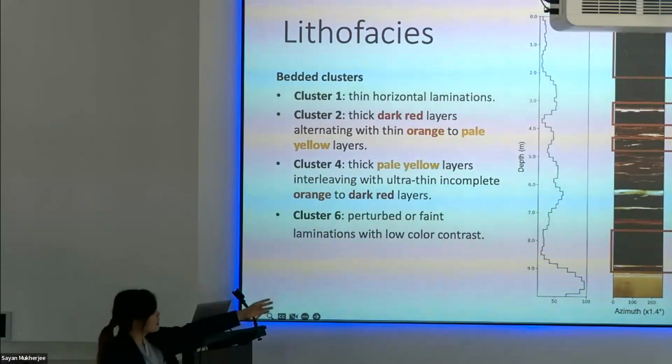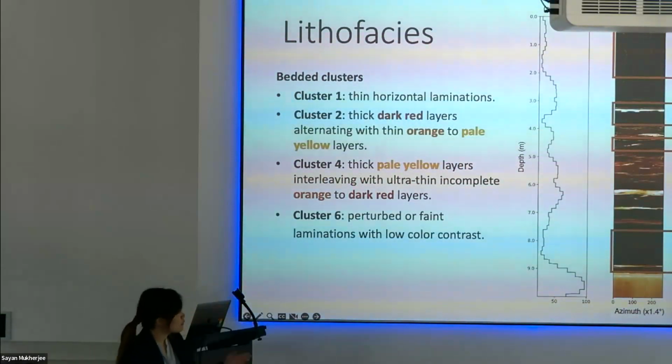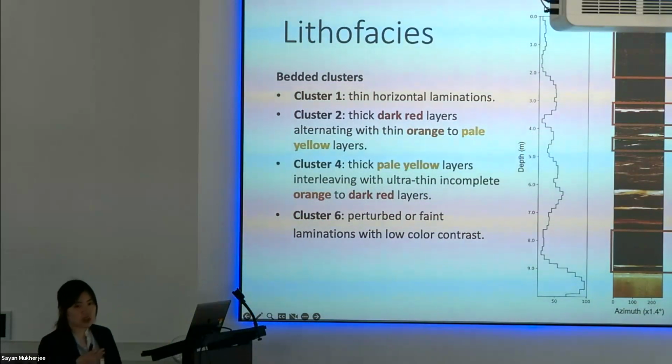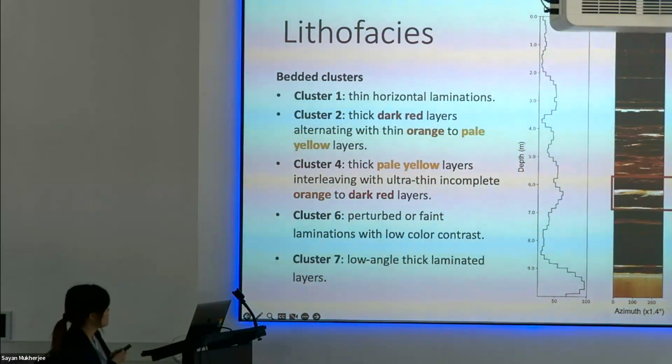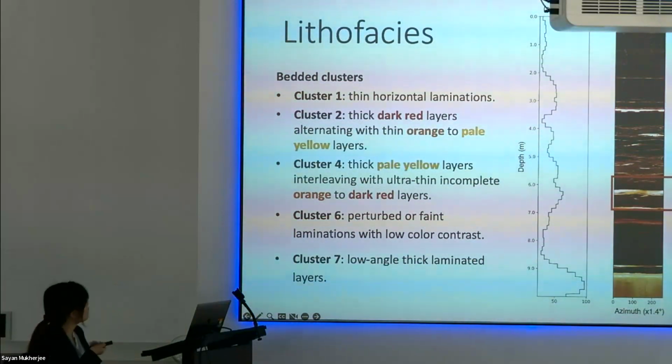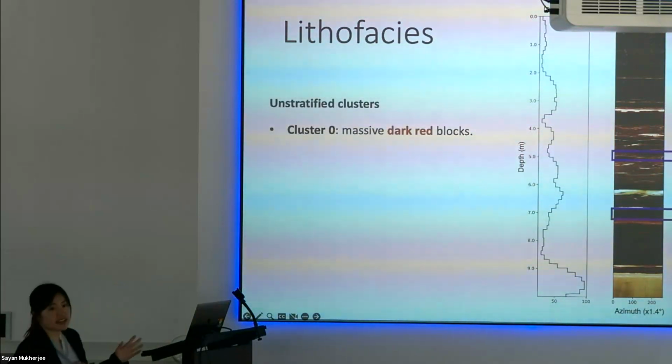And this is a new sample section. We can observe more bedded clusters from them. The first one is cluster 6, which is perturbed or faint laminations with low color contrast. The next one is cluster 7, defined as low angle thick laminated layers. Apart from these bedded clusters, we also have unstratified clusters.